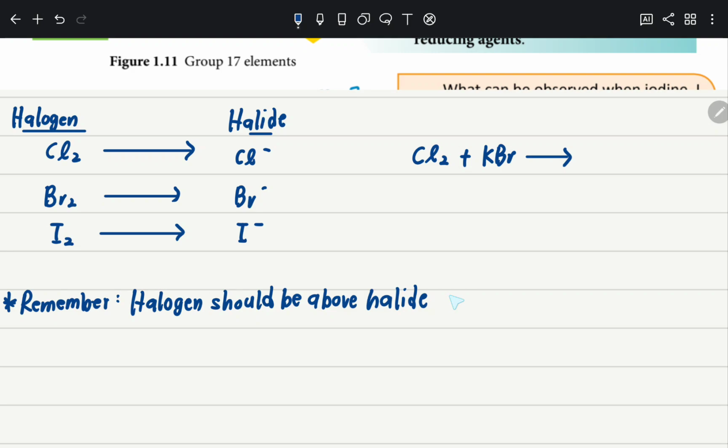So you can write, thus, displacement can occur. Can occur. Right? So because my chlorine is higher, the chlorine will go here and kick this Br.